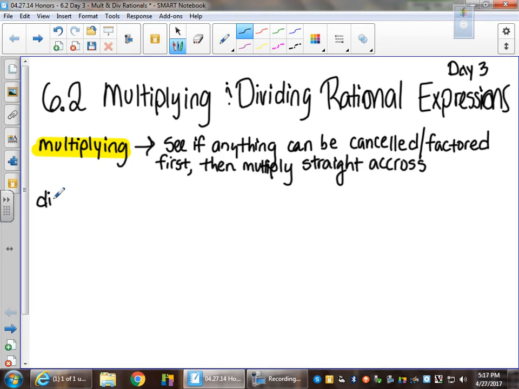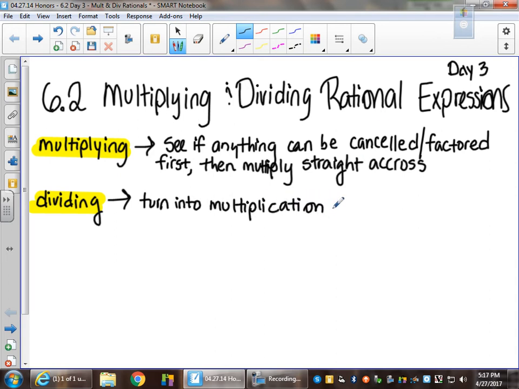For dividing, our strategy will be to turn it into multiplication, by multiplying by the reciprocal of the second fraction.